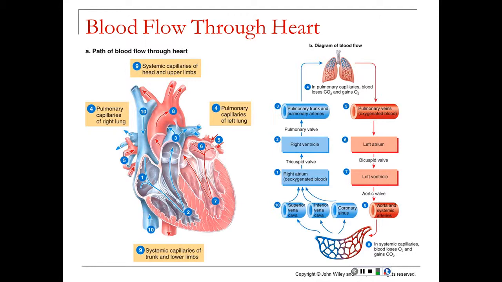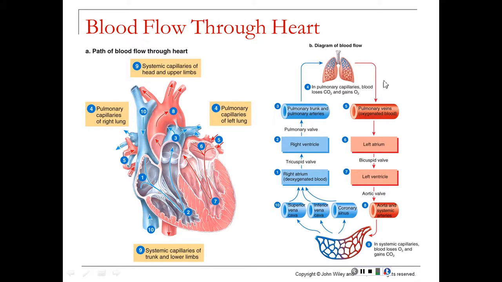It returns back to the heart via the pulmonary veins here at step number 5. The pulmonary veins return to the left atrium. From the left atrium, when the left atrium contracts, it's going to push that blood back down into the left ventricle. The left ventricle will then contract and squeeze the blood out through the aortic semilunar valve, out to the aorta, and out to the rest of the body.